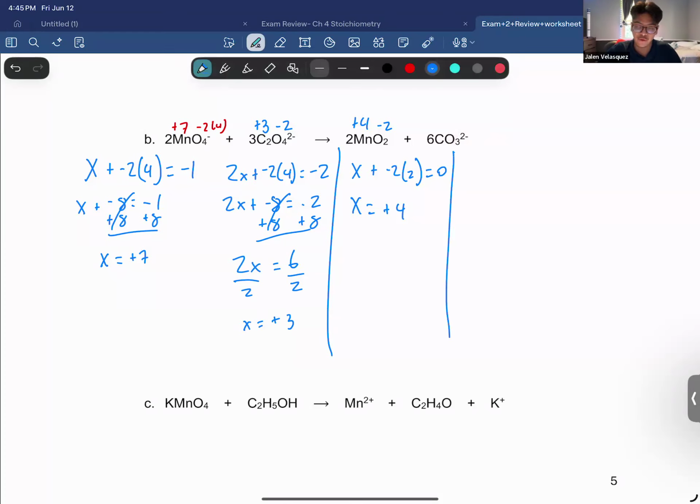And again, here we have to figure out what carbon is, right? So we have one carbon. So x plus -6 is equal to -2. Bring the 6 over. So X is equal to +4. So the oxidation number of carbon is +4 and oxygen is still -2. Okay. Any questions on how I figured out the unknown oxidation number there?